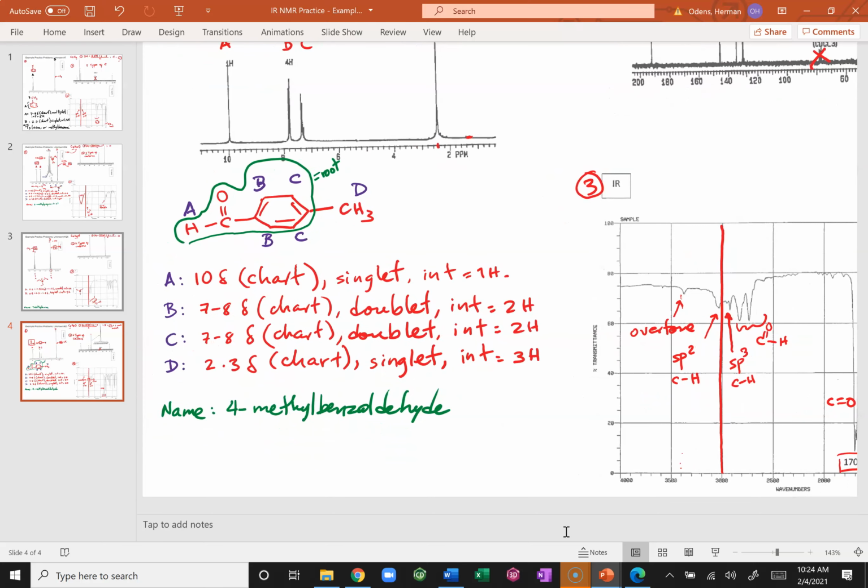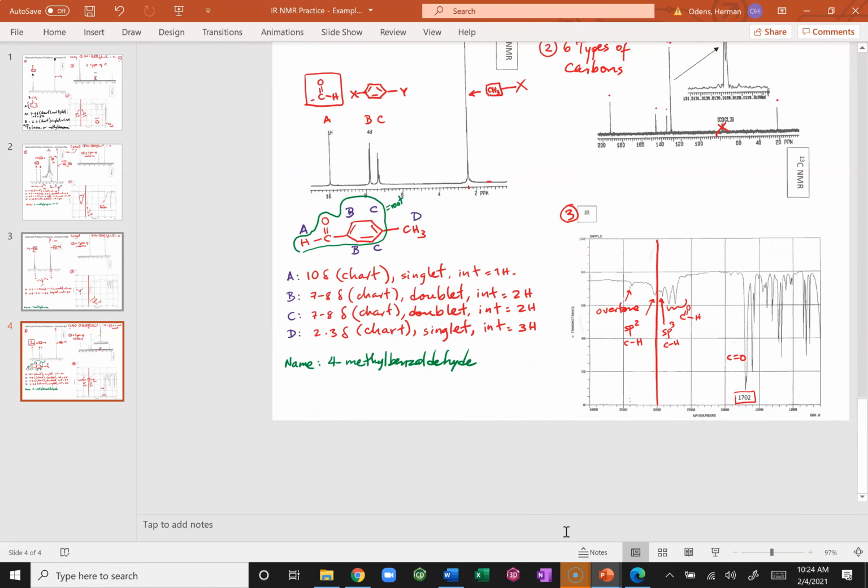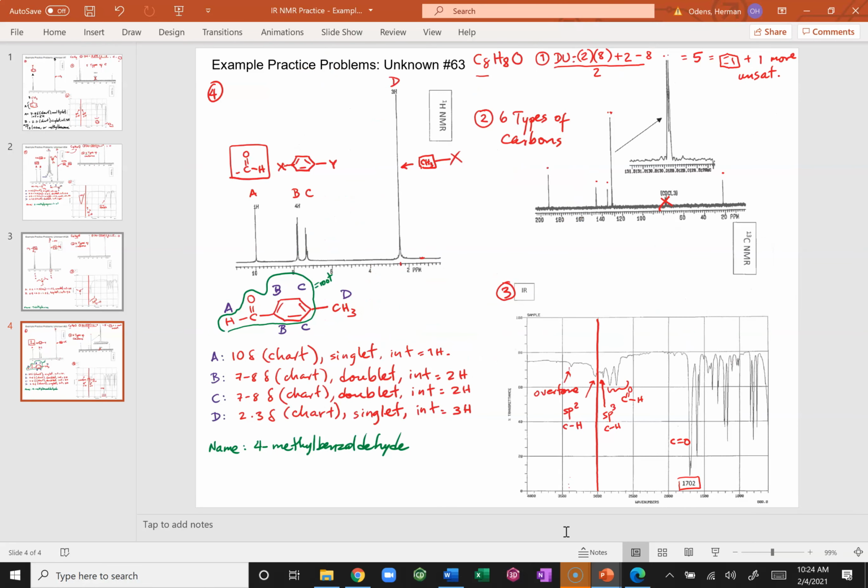Any questions up to this point? Any last questions about proton NMR? I have something I want to share with you. When it comes to unique carbons, notice that in all of these examples there's no other way for the molecule to rotate, so these molecules are pretty much flat.